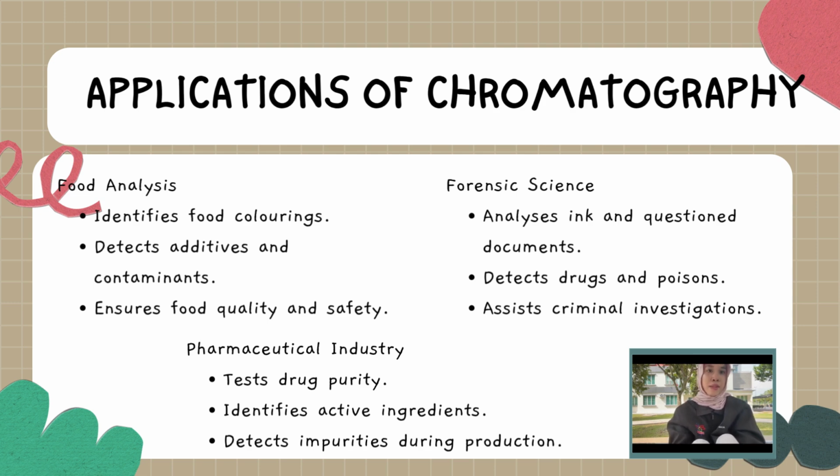In the pharmaceutical industry, chromatography helps test the purity of medicines, identify active ingredients, and detect impurities during the manufacturing process. In forensic science, chromatography is used to analyze ink from questioned documents, detect drugs and poison, and assist criminal investigation by providing important chemical evidence.